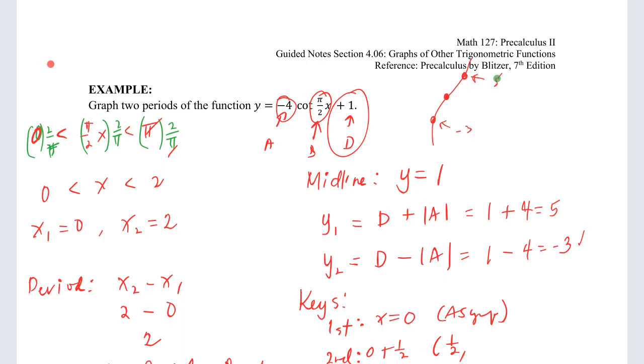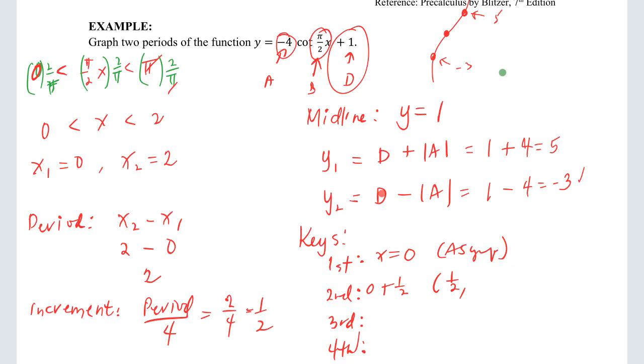So our first point's y value would be negative 3. Next, we have 1/2 plus the increment 1/2, which is 1, and then we go up to the midline, which is equal to 1.